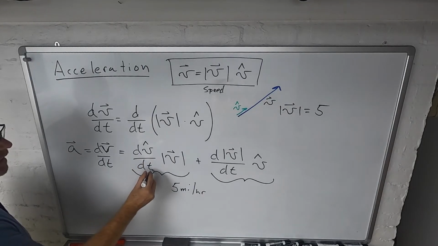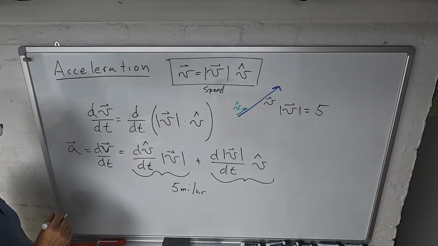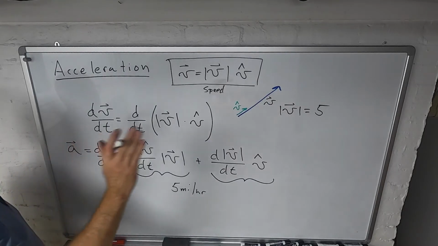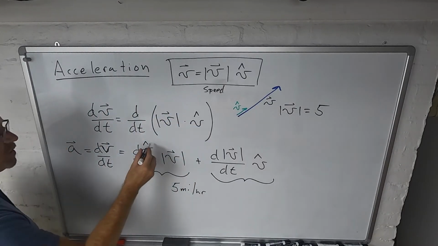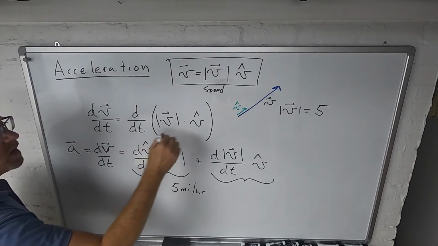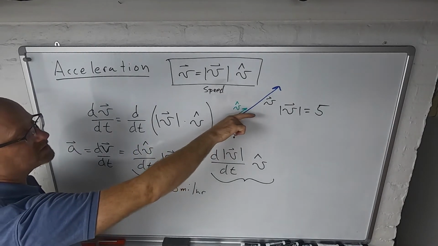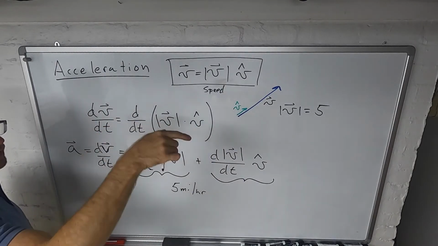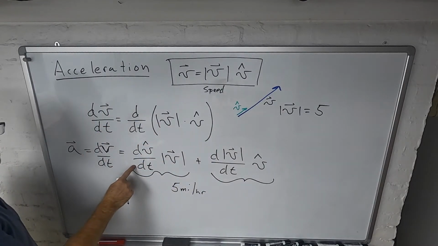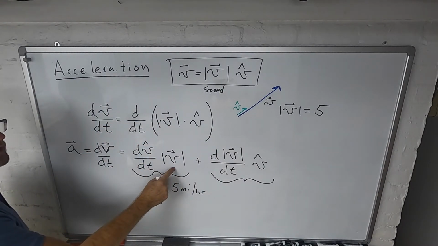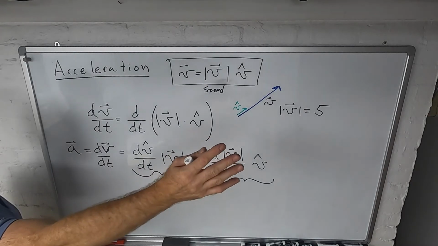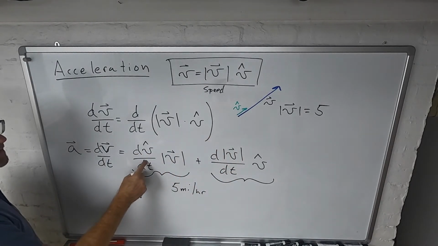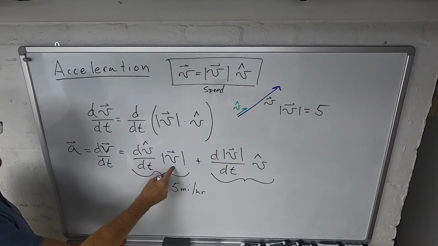This tells me whether or not my car is turning. So, am I going in a straight line, or am I going around a turn? If I'm going around a turn, my velocity vector is changing. If I keep a constant speed, my velocity vector is changing if I go around a curve. If I go in a straight line, this is 0. But this is still a number.